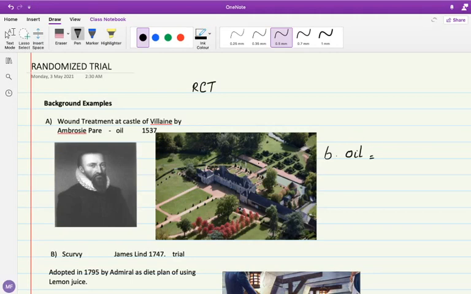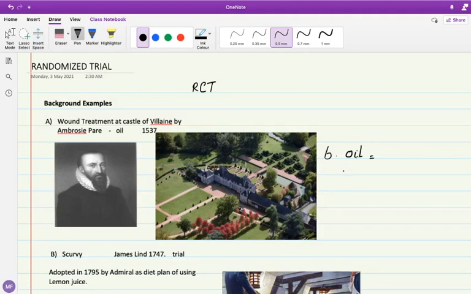But during the invasion and victory of this castle, a lot of soldiers were injured, and he ran out of that boiling turpentine oil. So instead of that oil, he used egg yolk, rose oil, and certain other stuff. He was of the opinion that the next day he would see those soldiers dead in agony, rather than the ones who were supplied with the boiling oil on their wounds.